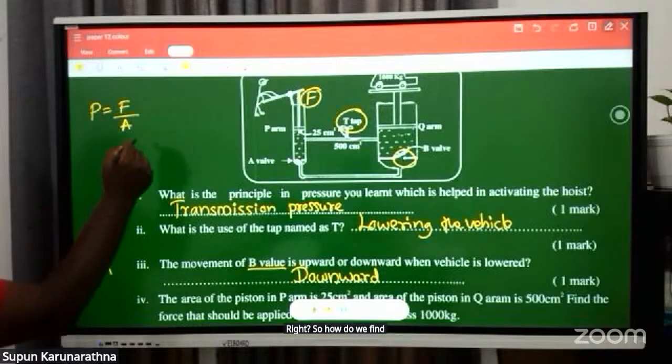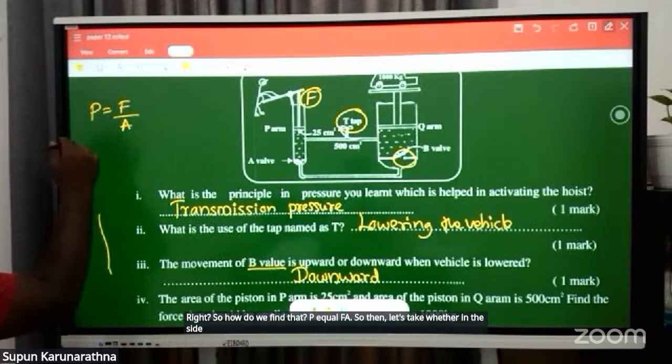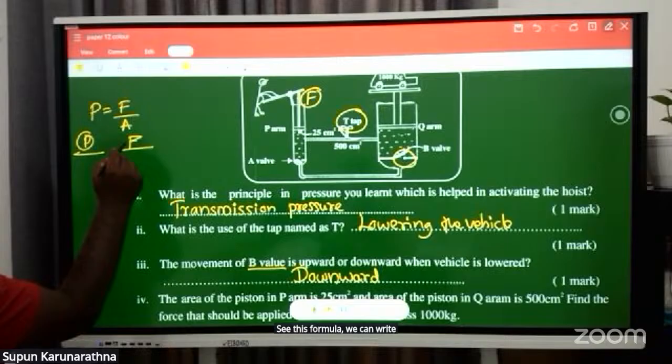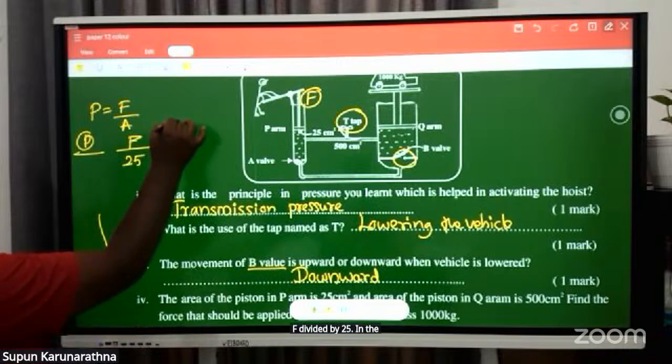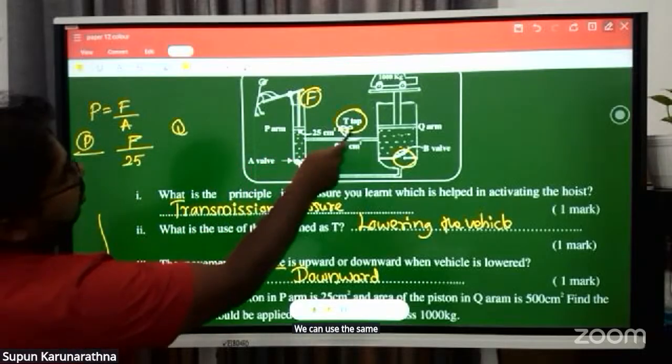P equals F by A. Taking side P, we can write F divided by 25. In side Q, we can use the same to find the pressure.